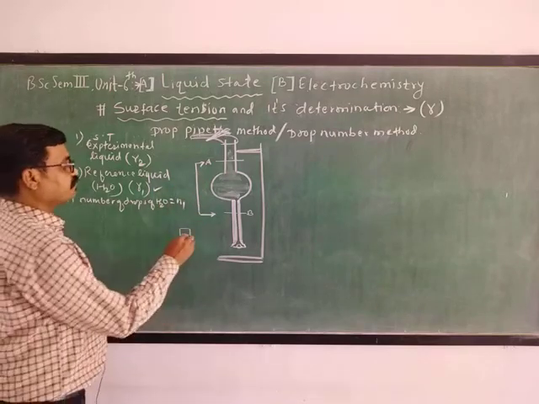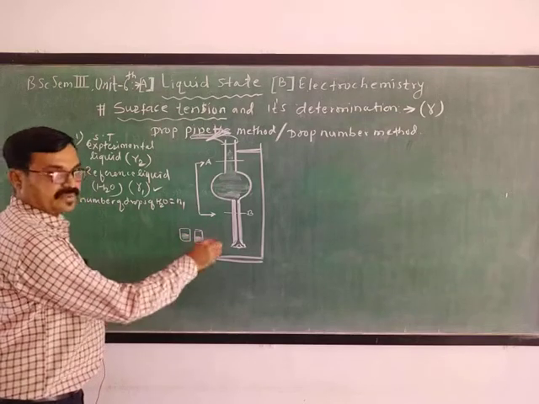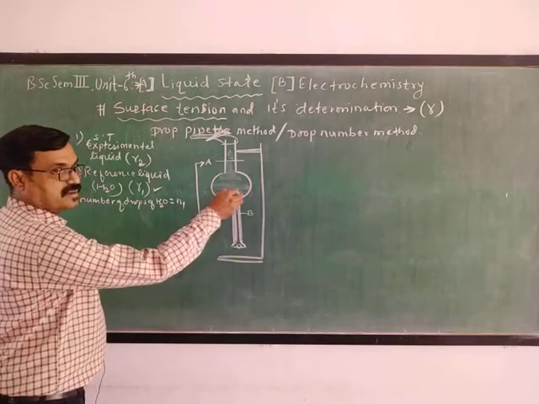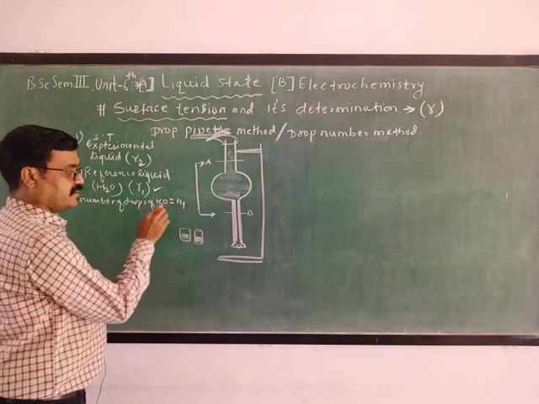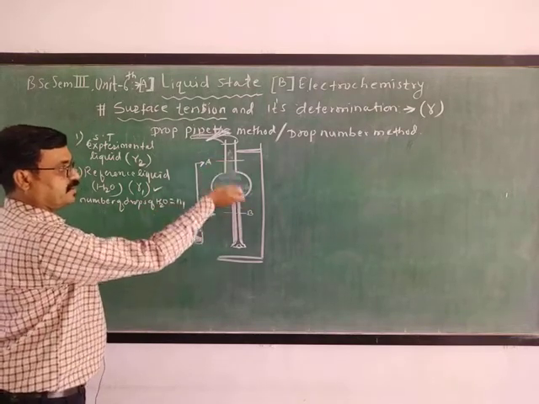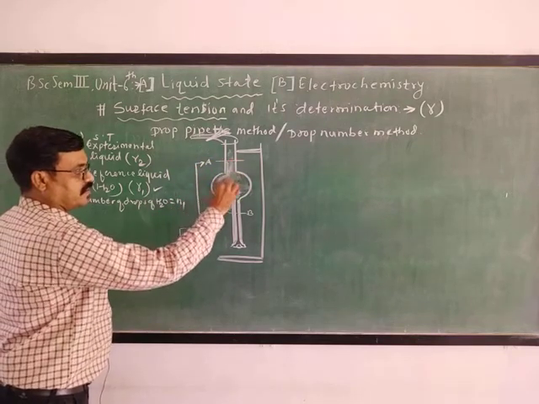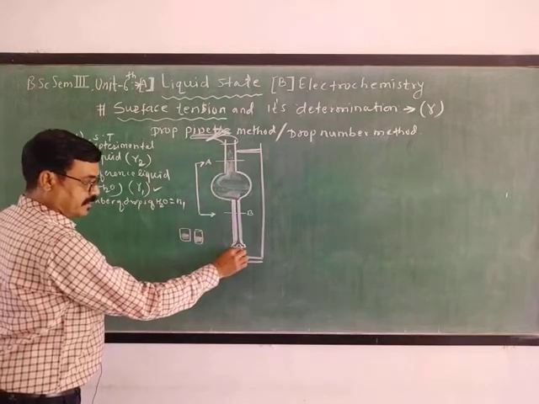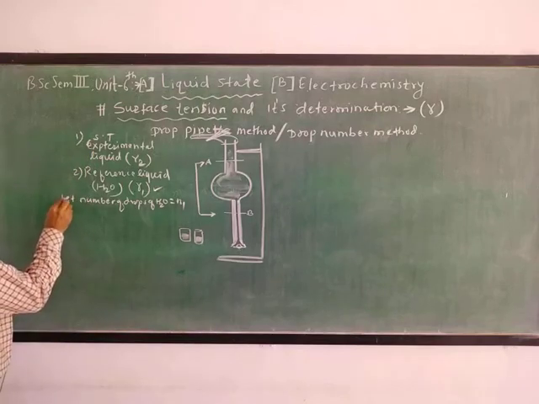Then take the other liquid, that is the experimental liquid, in a beaker, keep it at the bottom of this stalagmometer, and allow it to be sucked up. The same amount of experimental liquid is sucked as that of the water, from mark B to mark A. Again the unknown liquid is allowed to flow from mark A to mark B, and again the number of drops falling down is measured.